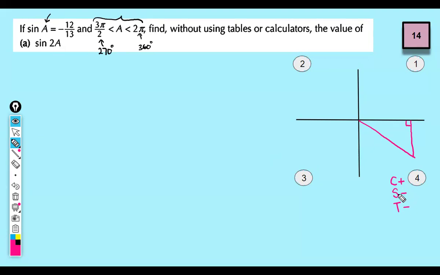So sine is negative and tan is negative, which makes perfect sense. Look at the value. Sine A is negative 12 on 13. So it makes sense because any sine value in this region will have a negative value. So that's a sign the examiner didn't make any mistakes so far in the question.